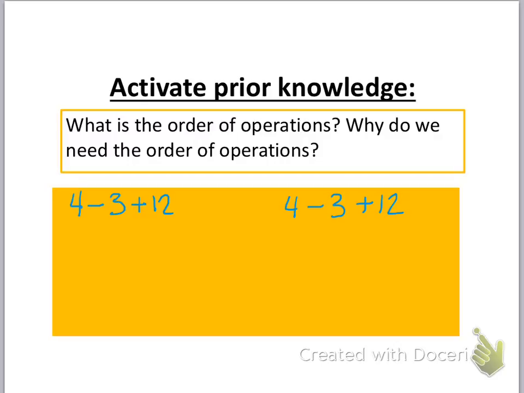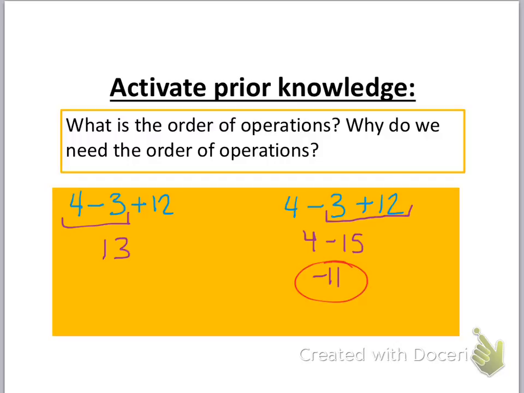So, option 1, I could do 4 minus 3 is 1, plus 12 is 13. Or, I could do 3 plus 12 is 15, and 4 minus 15 is negative 11.